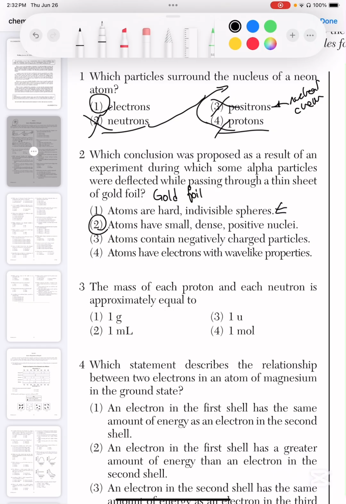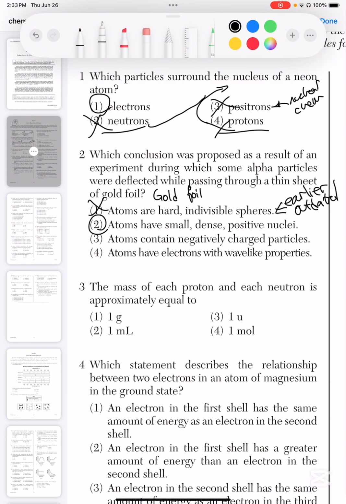This is one of the earlier definitions of an atom, and this is outdated. Well, all of these are kind of outdated because now we know there's the wave mechanical model, but it's okay. And then the third one, atoms contain negatively charged particles.